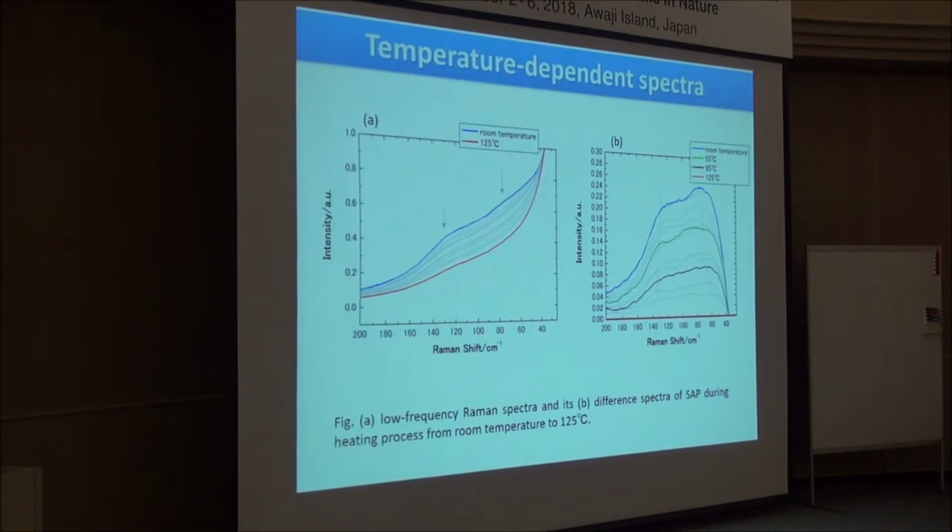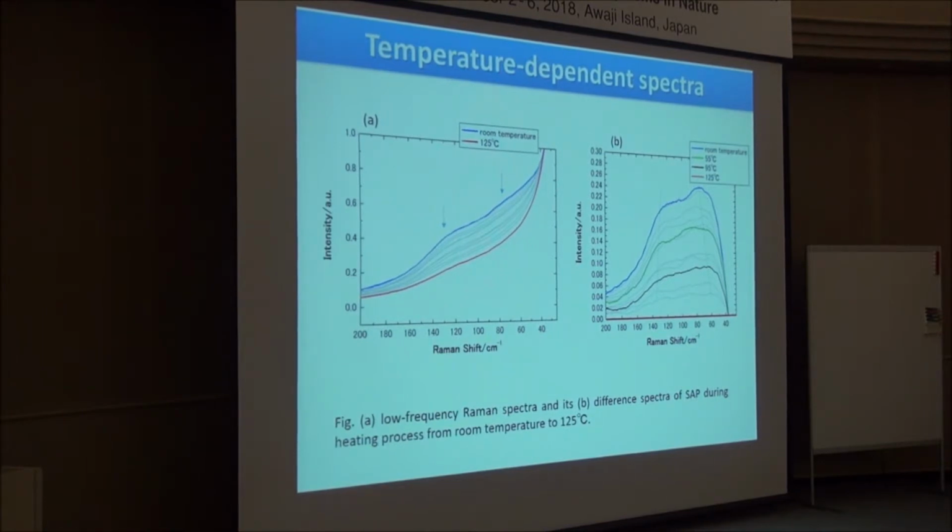And this is the temperature dependent Raman spectra of the low frequency region of SAP in the heating process. As you can see here, there are maybe two peaks in this region.